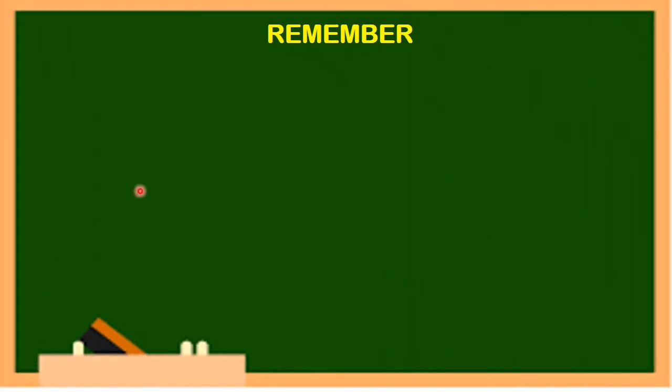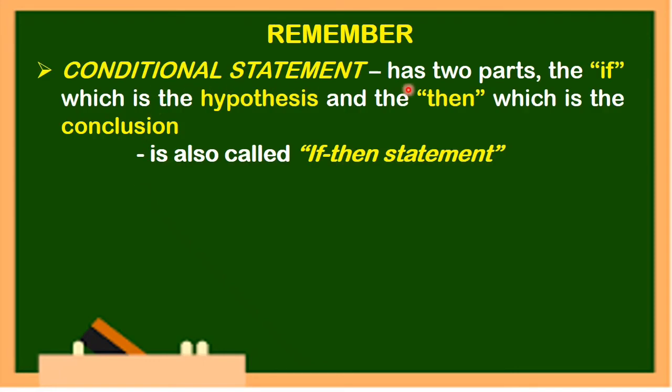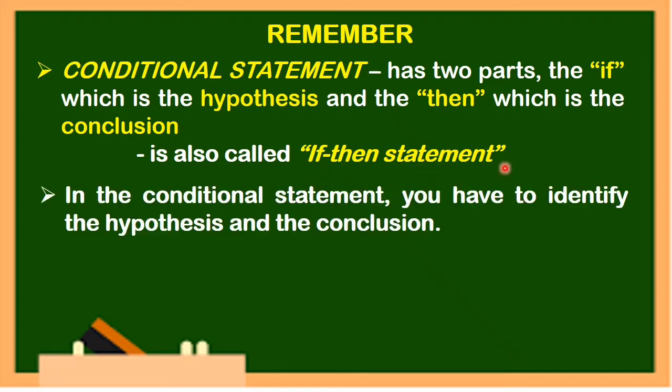So, you learned already for today the conditional statement. So, let us just remember the following. That conditional statement has two parts. The if, which is the hypothesis, and the then, which is the conclusion. That's why it is called if-then statement.